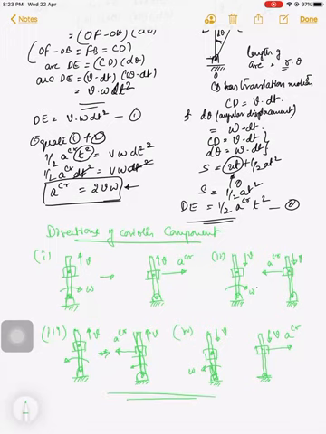So if this much is understood, we can solve a problem on the Coriolis component of acceleration.